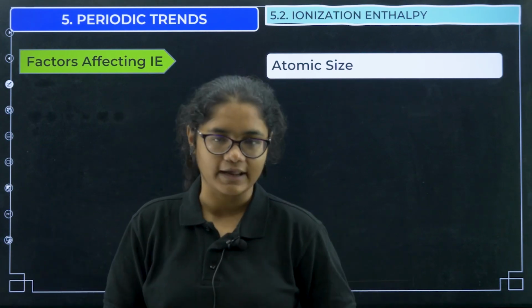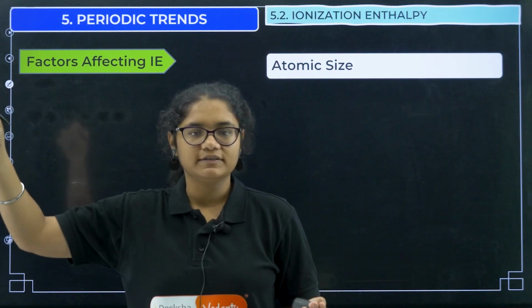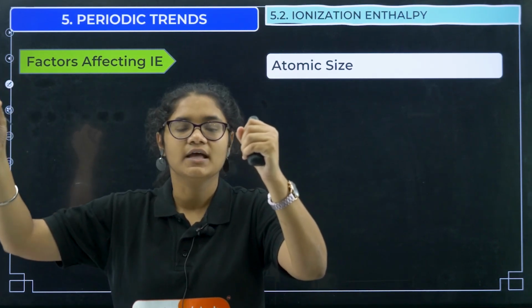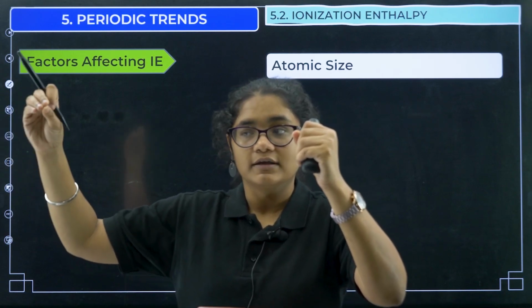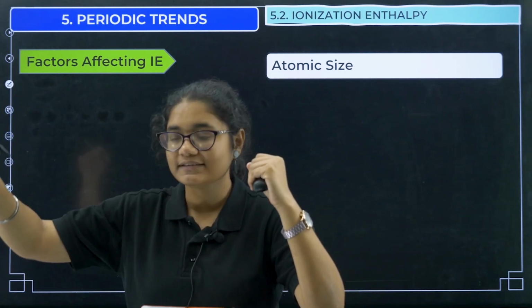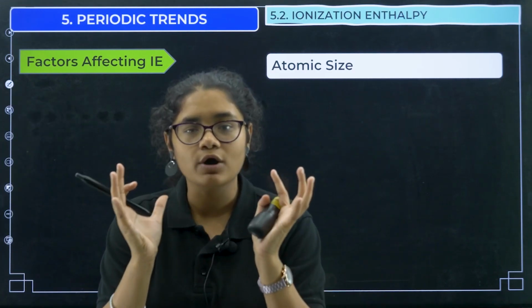Let us think again. We have a very big atom. The last electron is present here, the nucleus is present here, the distance is more, the force of attraction is weak, so the last electron is not held tightly by the nucleus, and it is easy to remove. Now imagine we have a small atom.